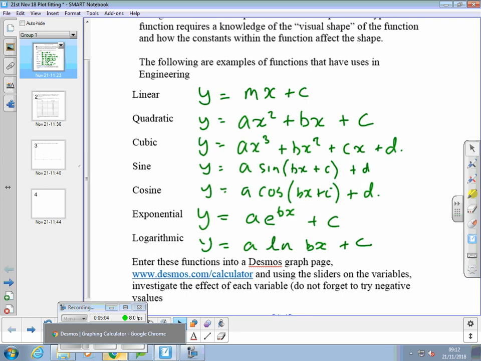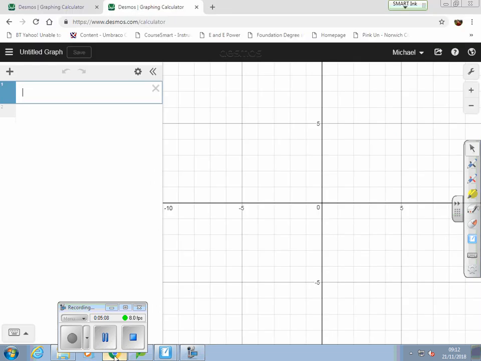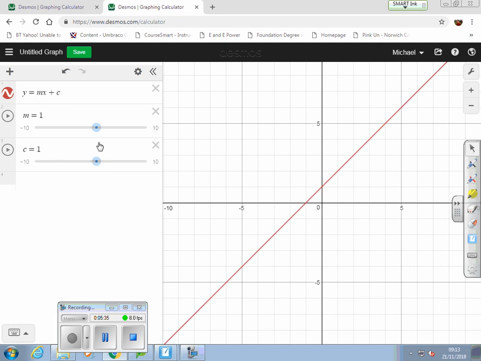So, for instance, if I go to Desmos now and put in y equals mx plus c, it asks me if I want to add a slider for the constants that I've included. Because y is the dependent variable, x is the independent variable, and m and c are constants. If I add sliders, I can then move them and look at the effect.